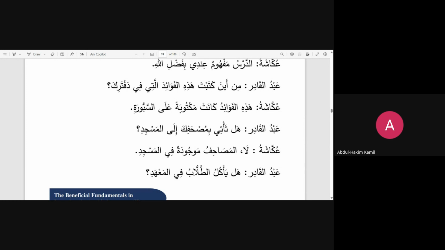So we understand this. هل تأتي بمصحفك إلى المسجد؟ Not a verb, but we want to understand the meaning. The verb has to get conjugated. We know that the verb gets conjugated at the end, like they have tu, or ti, or tum, or tuma.